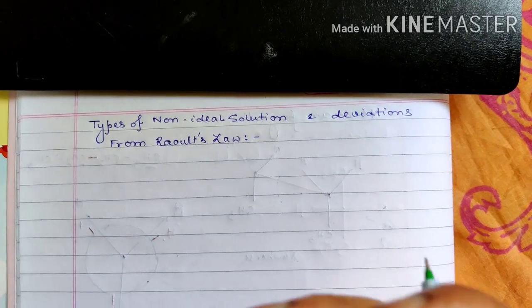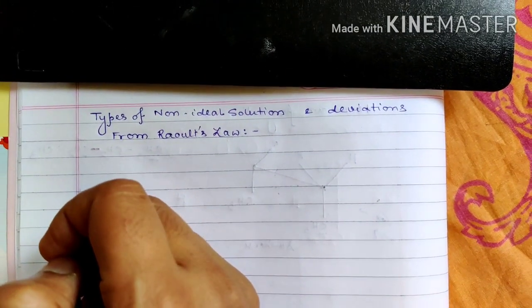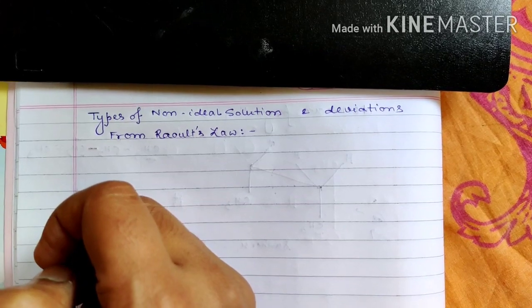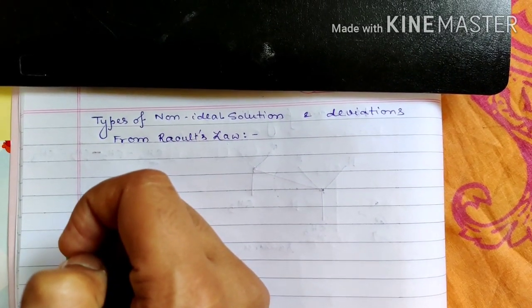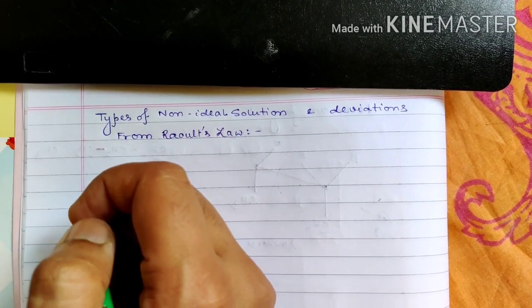First we are going to express that mathematically, then we will try to understand the explanation of it, and then we are going to plot it graphically. Let us discuss the types of non-ideal solutions, and as an output of it, we will see the deviation from Raoult's law.